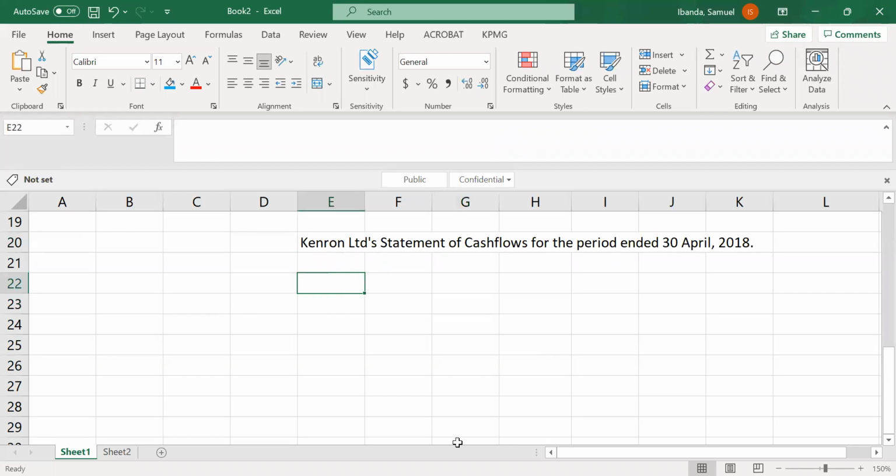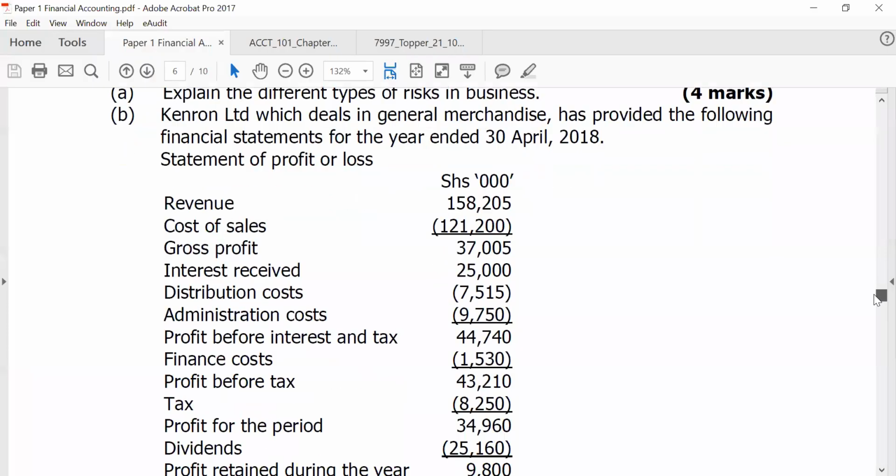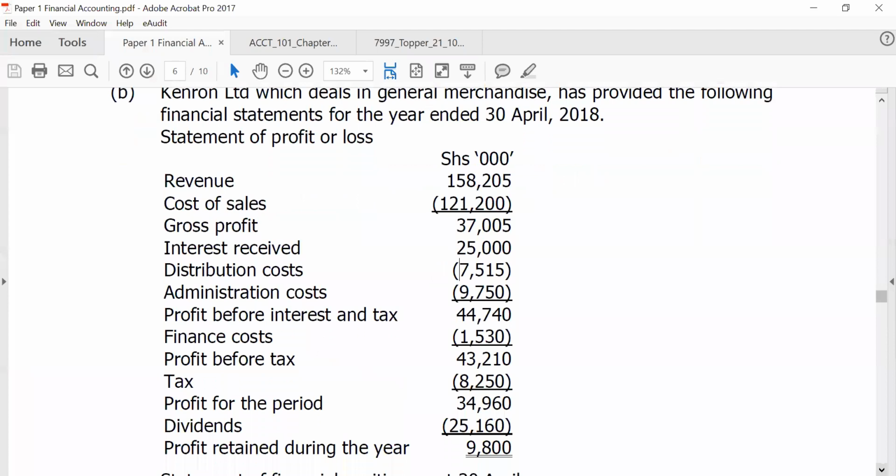Like I said, whenever we are starting, we start with the cash flows from operating activities. So cash flows from operating activities, we basically kickstart our information from our statement of P&L. And what we basically look at is the profit before interest and tax.